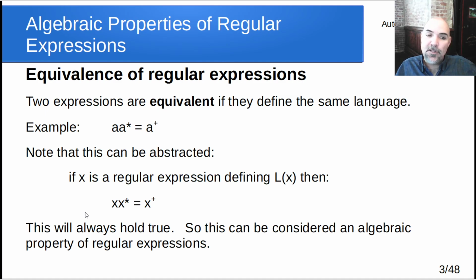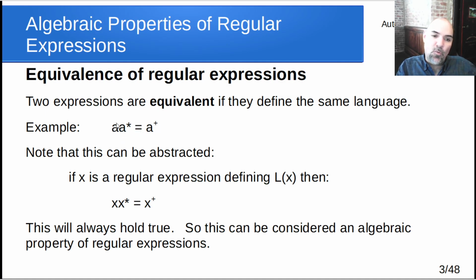So if the set of strings defined by one expression matches the set of strings defined by another regular expression, then those two regular expressions would be called equivalent. They don't define something different. There's no different elements in one or the other one, so therefore they have to be the same set, so the expressions are equivalent. So an example would be this A star is equal to A plus.